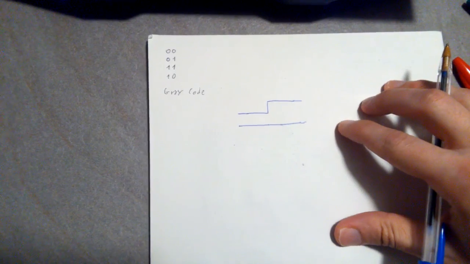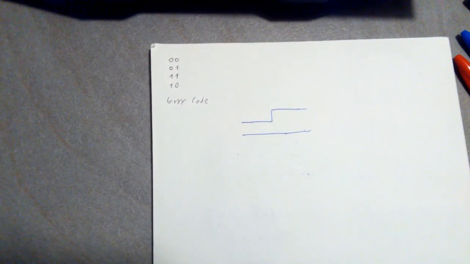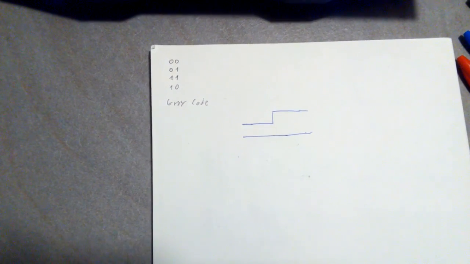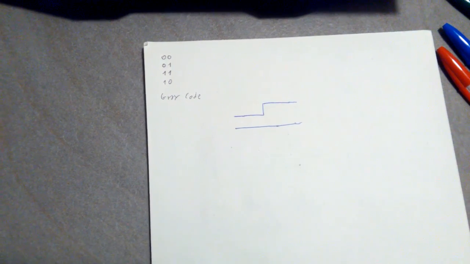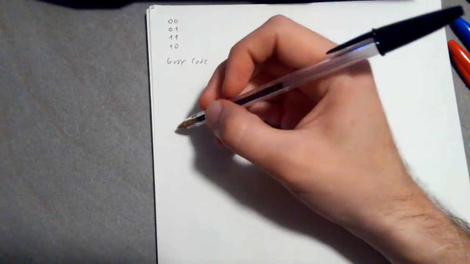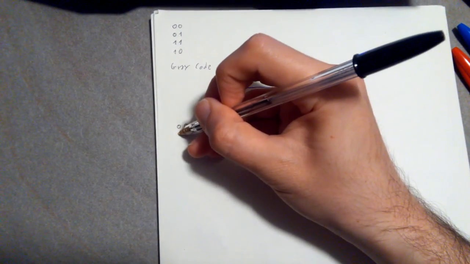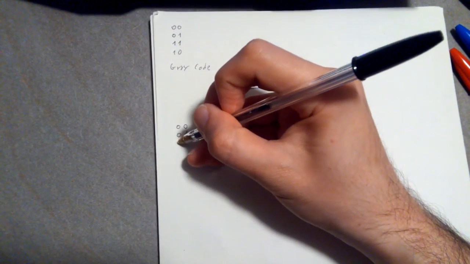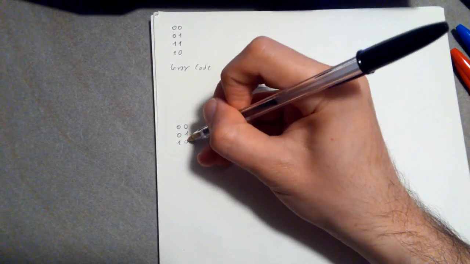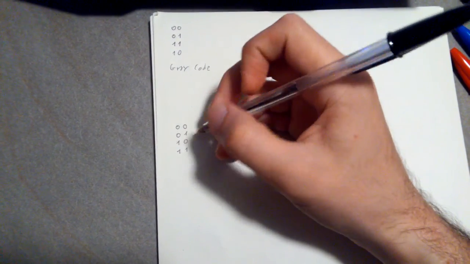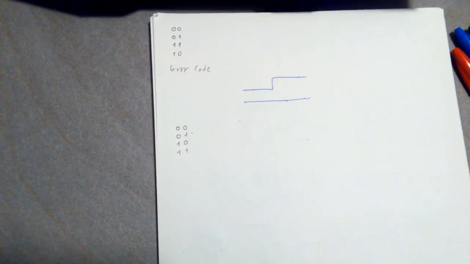It's fine. What happens if I do something like this? Let's just put this in this way. I just put my normal code, so 00 01 10 and then 11. But I'm interested in this step.